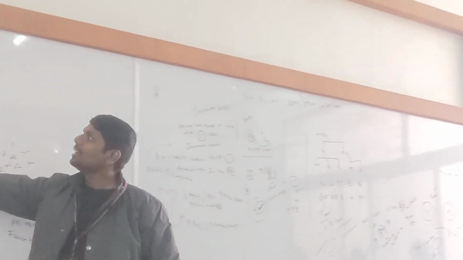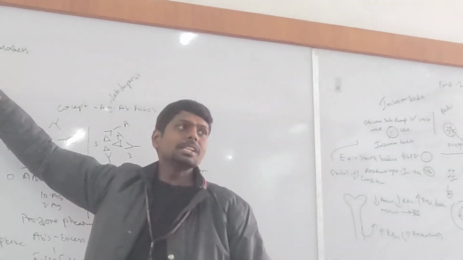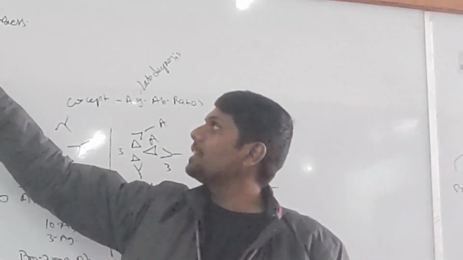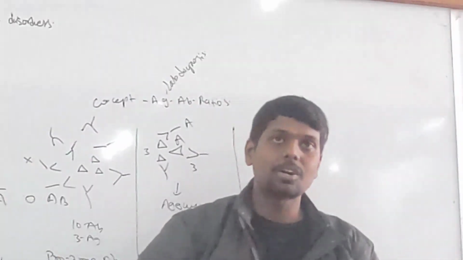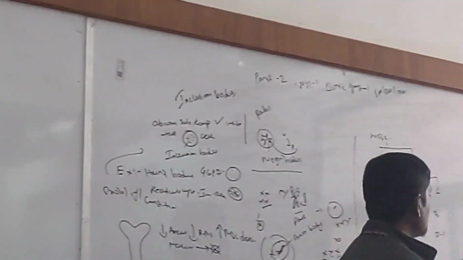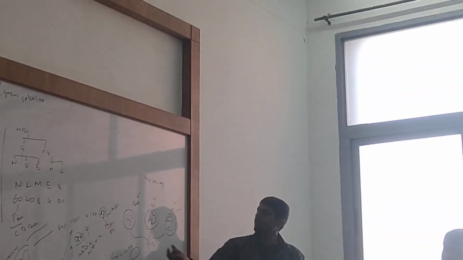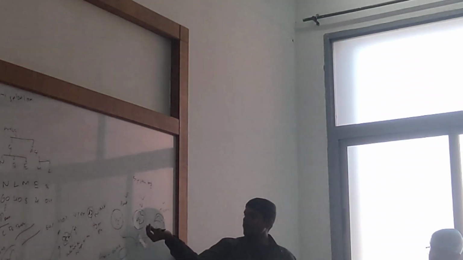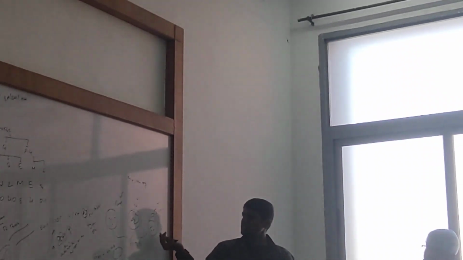I wrote here, toxic granulosis disorders. There are various types of toxic granulosis disorders. What are they? These are granulocytes with some toxic conditions. Some granulocytes have large vacuoles, lysosome vacuoles. Some have granular inclusion bodies. Some have various abnormalities, leading to various problems.